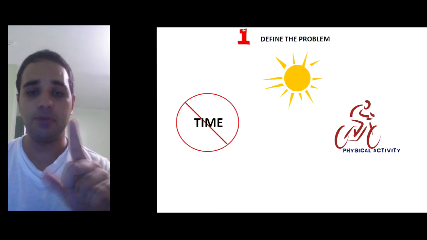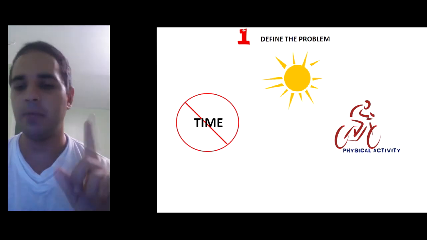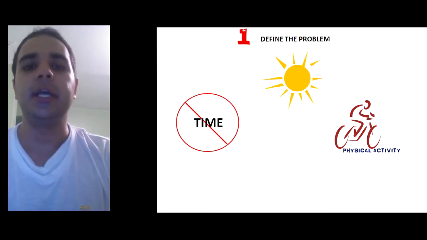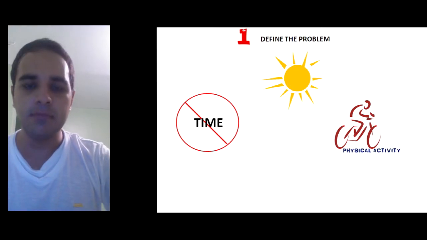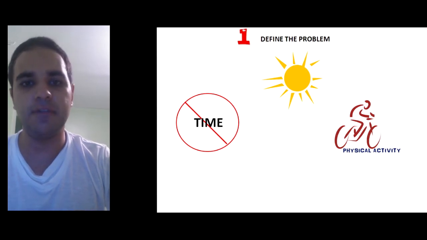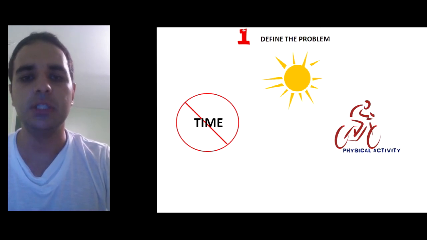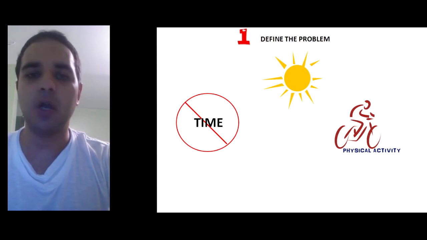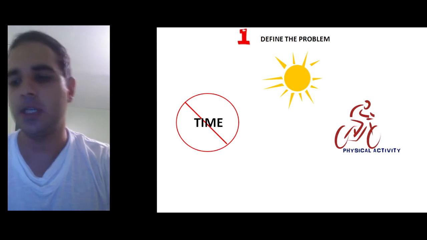So you remember step number 1 of Kaizen? Step number 1 is define the problem. So you have the problem here. You don't have time to practice physical activities, but you need to start a physical activity. But you don't have time during the morning. So the problem is that you don't have time during the morning.